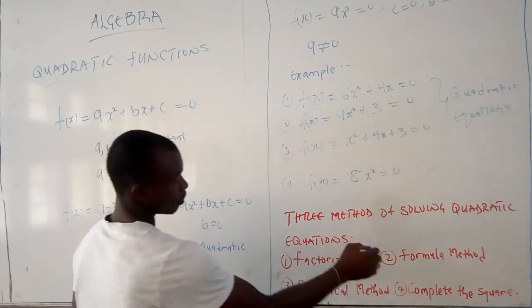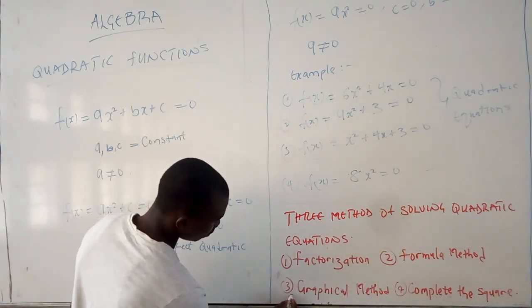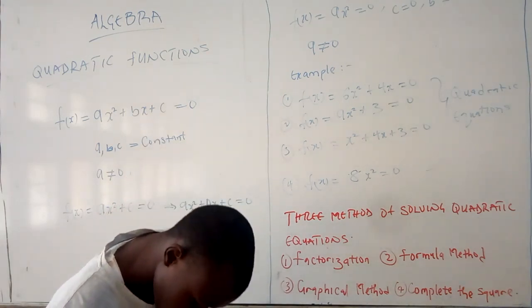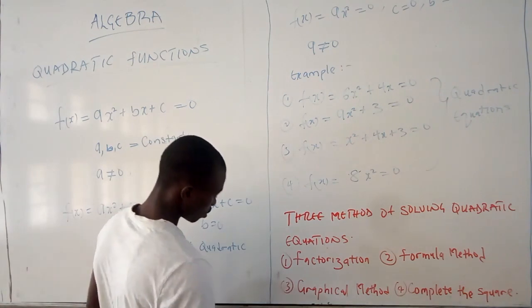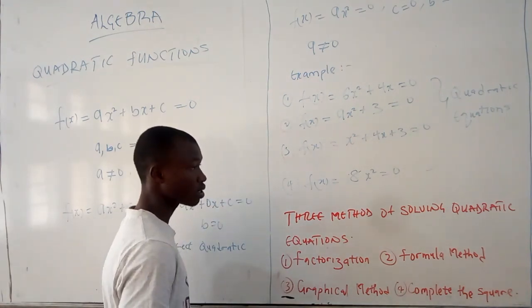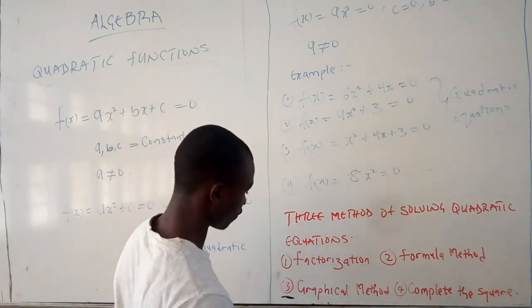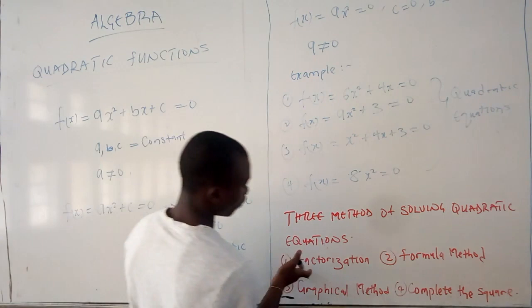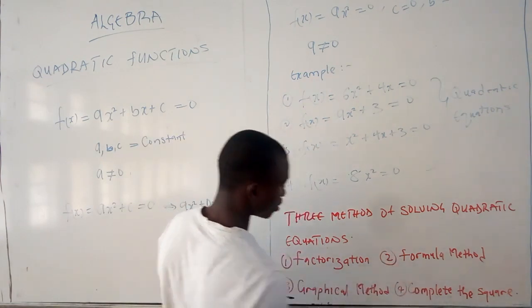Of all these four methods, we rarely use this number 3. This number 3 is the one we hardly use because it involves using a graph. So the basics are factorization, formula method, and completing the square.